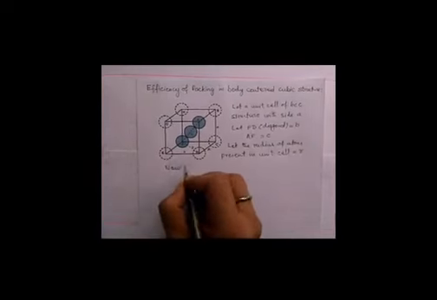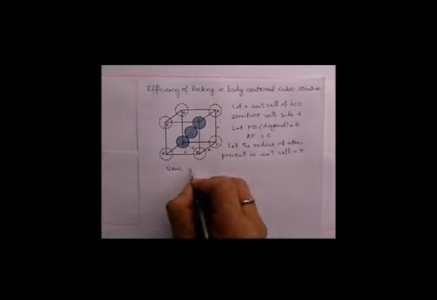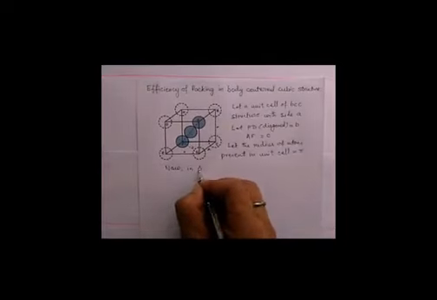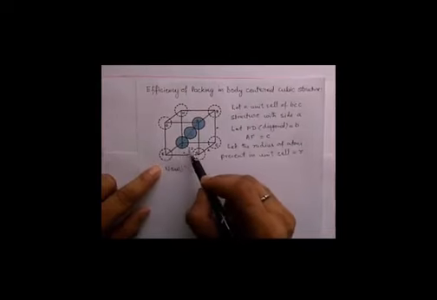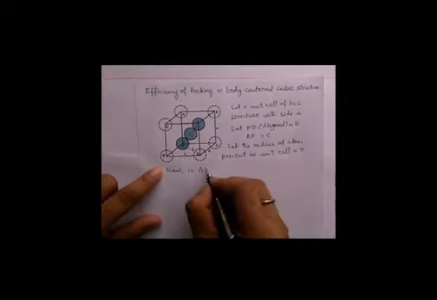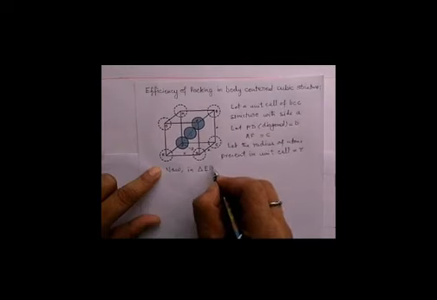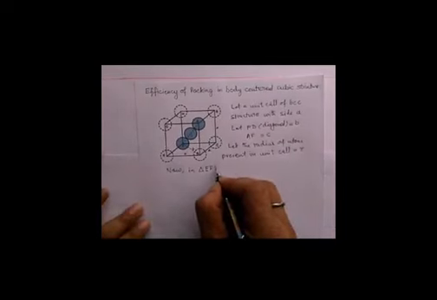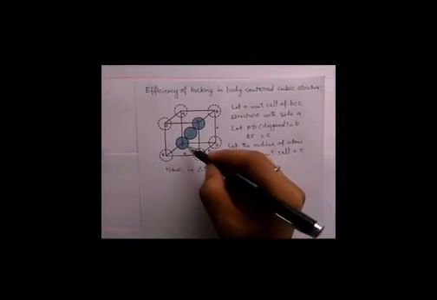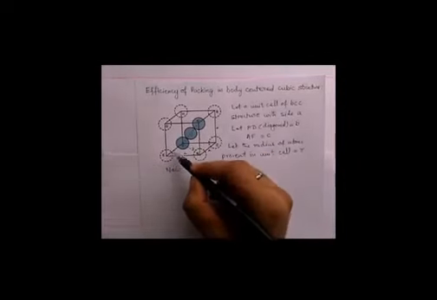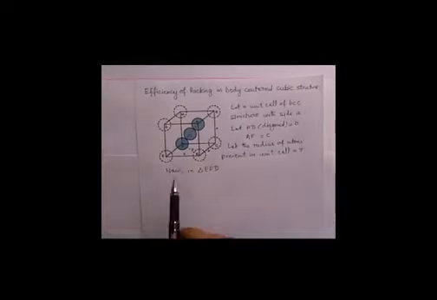First we'll take triangle EFD, this one. It has this hypotenuse and these two sides.